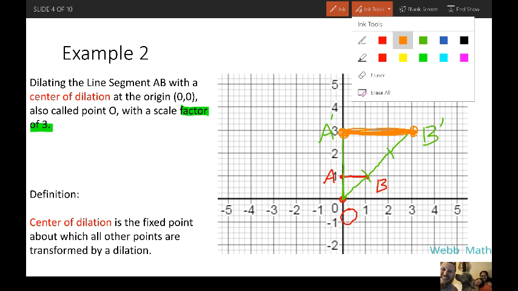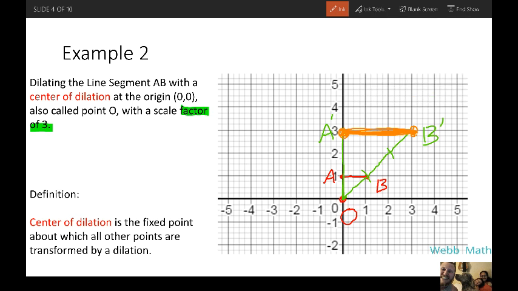Notice the distance of AB is originally just 1. The length of AB is just 1. But the length after a scale factor of 3 for the new image, A prime B prime, is now 3. That's usually a dead giveaway that your scale factor is 3.